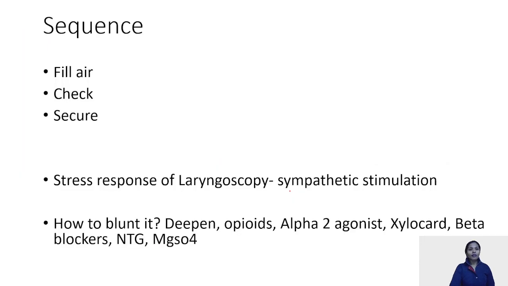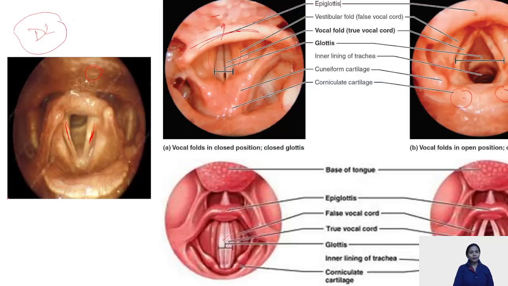Now the question which is asked is about trauma during laryngoscopy. The most common area which gets traumatized during your laryngoscopy is the upper central incisors. I repeat, upper central incisors are the area which gets traumatized mostly during laryngoscopy.